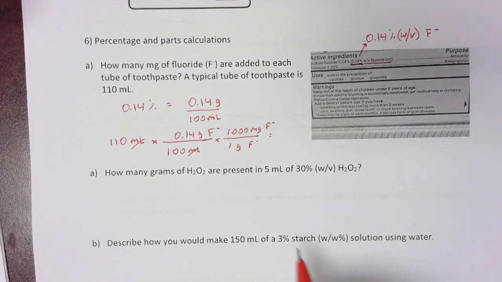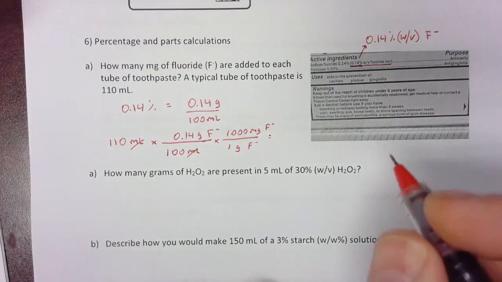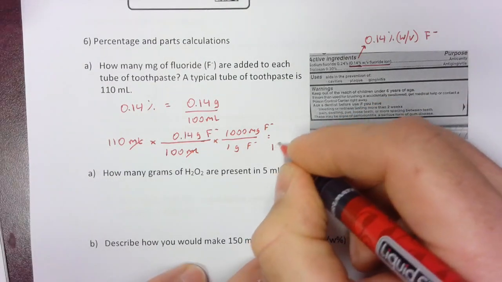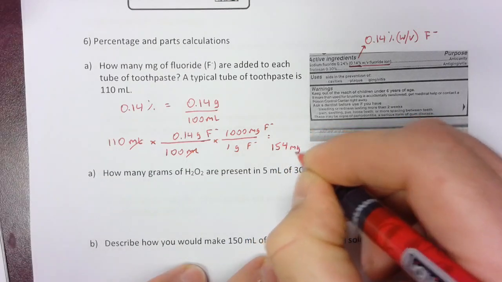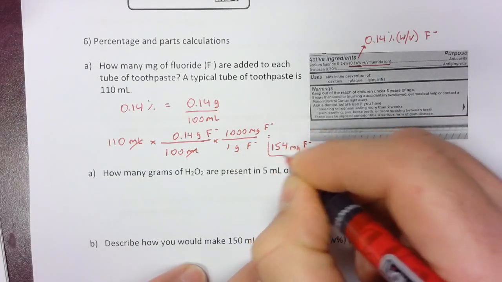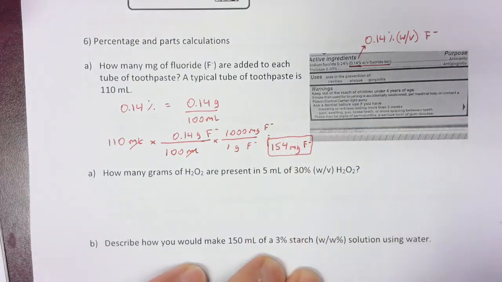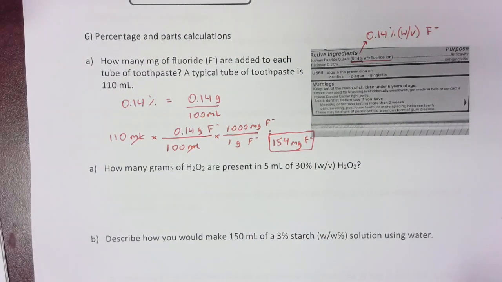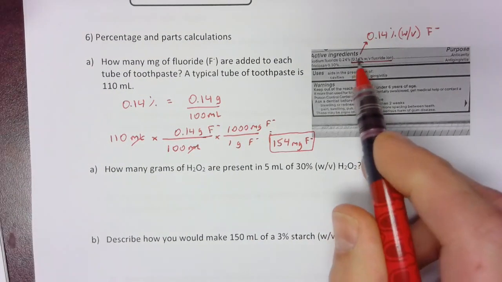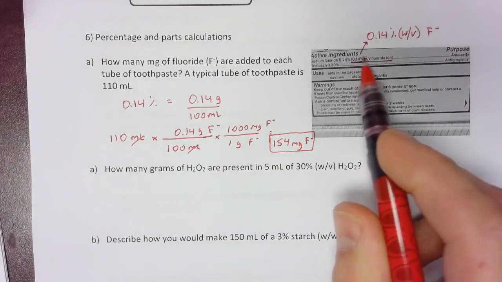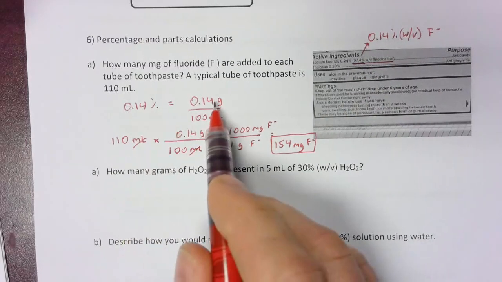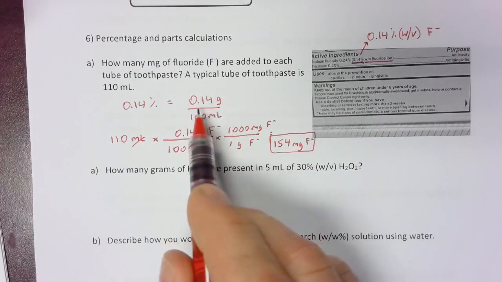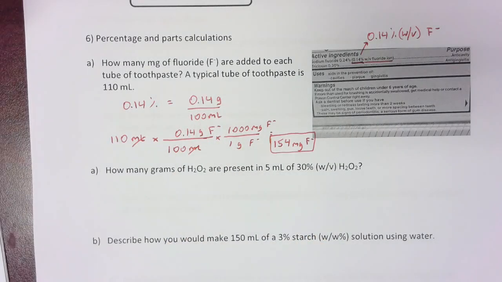Okay, and when I do that, I should get 154 milligrams of fluoride. All right. So if you ever wondered what that means on the back of toothpaste, now you know that this means there's 0.14 grams of fluoride dissolved into 100 milliliters.